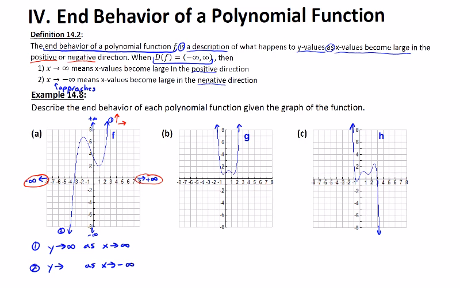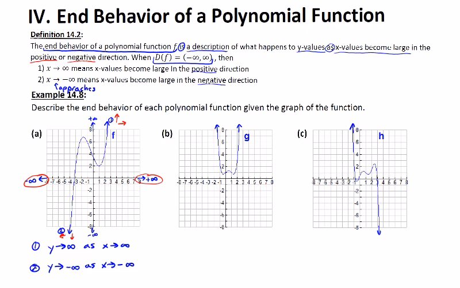For the left-hand side, we can see that the arrow is going both down and to the left at the same time. It's not completely vertically straight down, but it is going to the left a little bit as well. So we would say that y is approaching negative infinity as x approaches negative infinity as well.